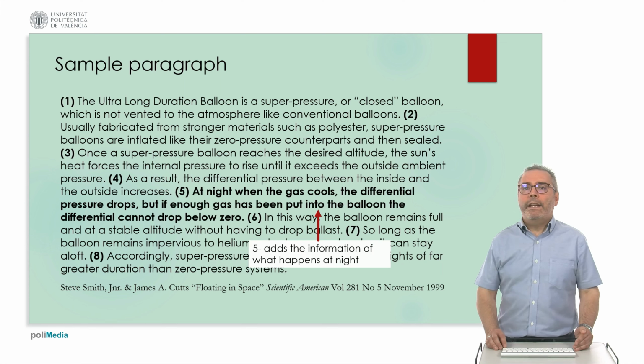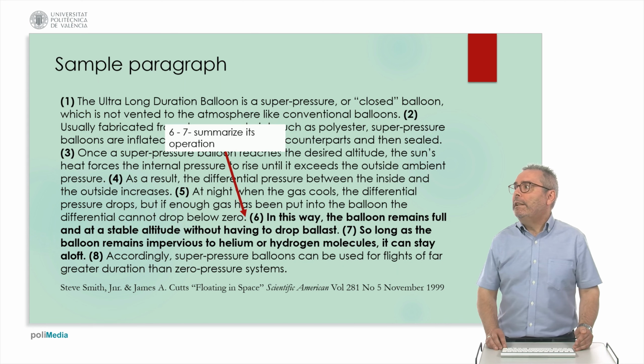Then we have, in addition, some information about what happens at night. "At night, when the gas cools, the differential pressure drops, but if enough gas has been put into the balloon, the differential cannot drop below zero." Then we have another two sentences that summarize its operation. "In this way, the balloon remains full and at a stable altitude without having to drop ballast.